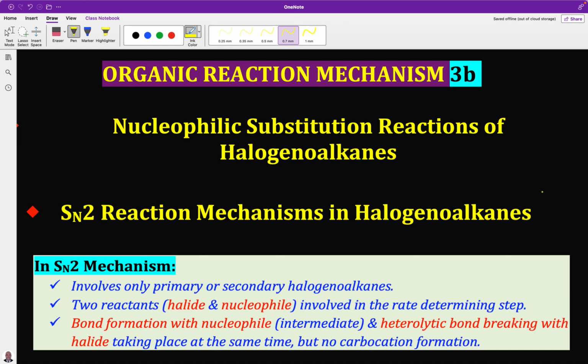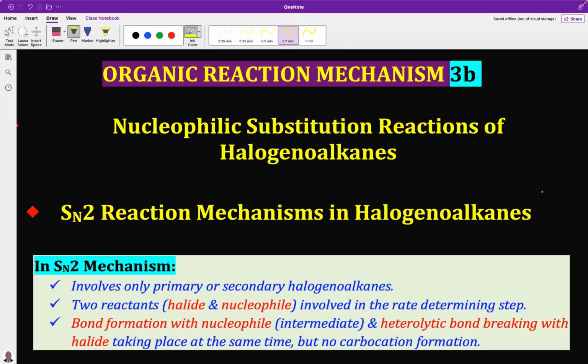So the first thing is, in our previous video on SN1 mechanism, as I told you, S stands for substitution, N stands for nucleophilic, and the number there stands for the reacting species or the number of reactants that are involved in the rate determining step.